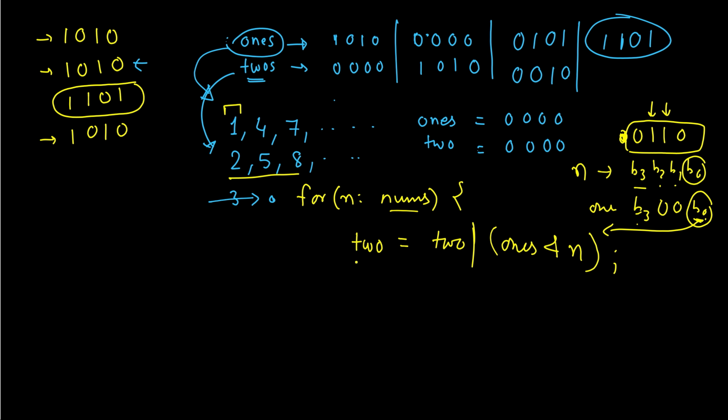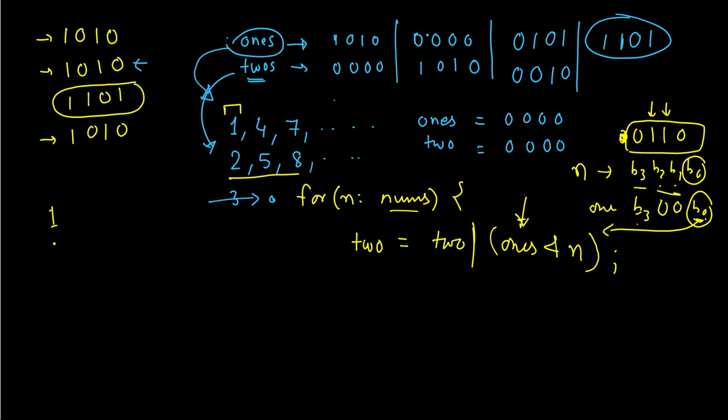So whatever bits were already set in twos, they will remain there and some new bits will be added with the help of ones. But after this line, you will see that some bits in twos were 1 already, and this bit will still remain 1, but it has in fact occurred thrice, because this bit was present in this new number.